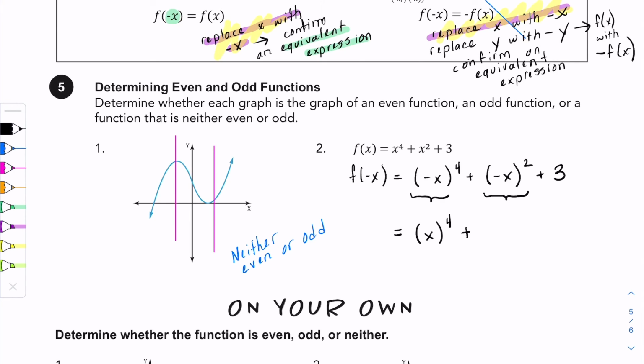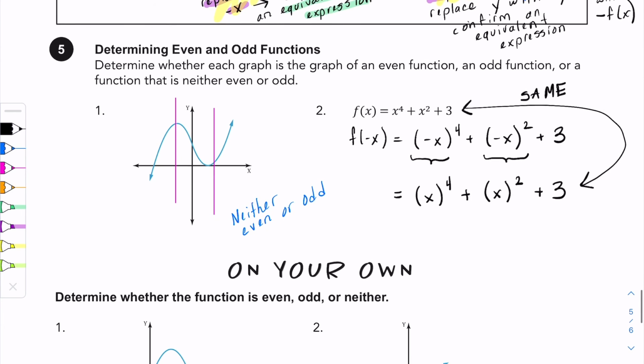Negative x squared, always going to simplify to just a positive number, so write it as x squared. We have plus 3 at the end. The original expression and our simplified expression, once we substituted negative x in, is the same. So the same expression would indicate that this is even.